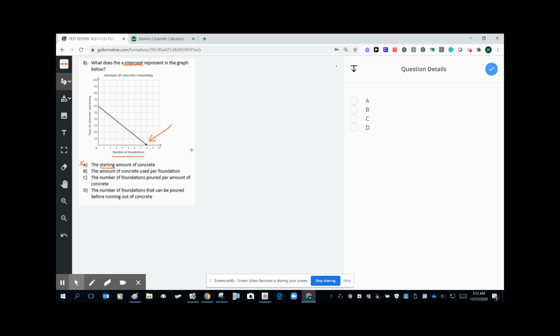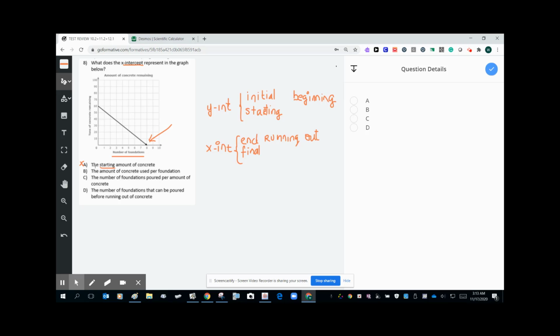So, okay, please remember, some of the keywords for y-intercept are initial, starting, beginning, and for the x-intercept, it would be like end, final, running out, etc.